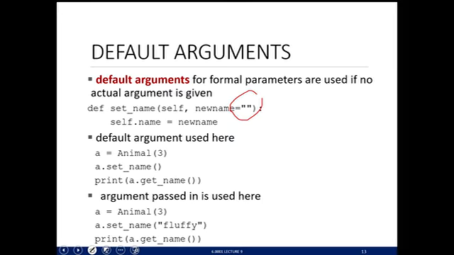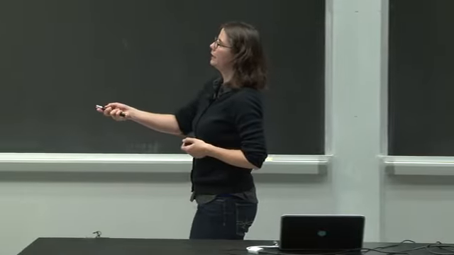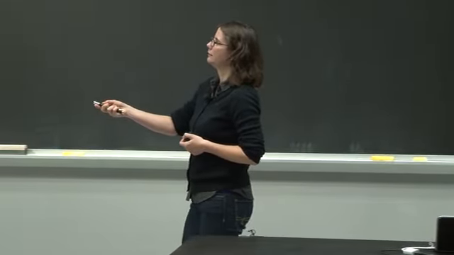And you can use the function in one of two ways. The first way is, we can create a new instance of an animal type object with this line here, a is equal to animal3. And then we can say a.setName. So this calls the setter method to set the name. And notice we've always said that you have to put in parameters for everything other than self. Okay? But here we have no parameters passed in.